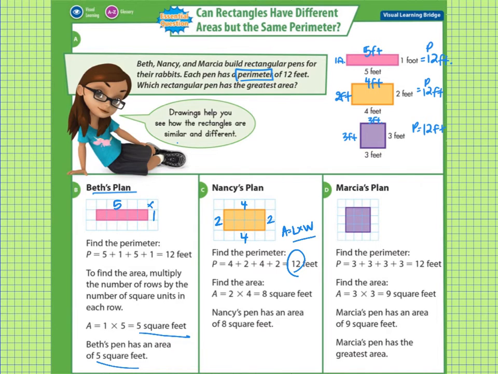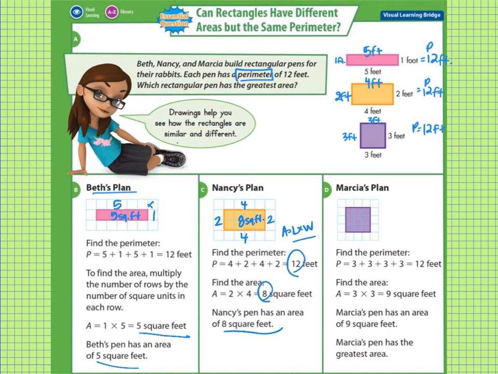So if we multiply 2 times 4, we get 8 square feet. So Nancy's pen has an area of 8 square feet. Okay, so I'm going to put 8 square feet right here. And let me go ahead and do that over here with Beth's plan too. Because the inside is 8 square feet. Nancy's is 8 square feet. Let's go ahead and look at Marcia's.